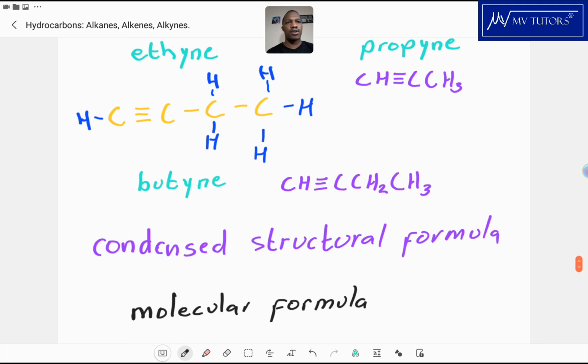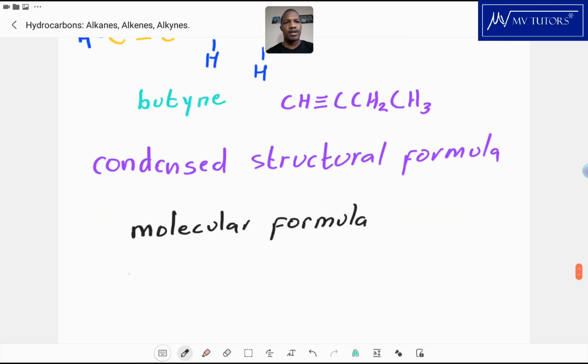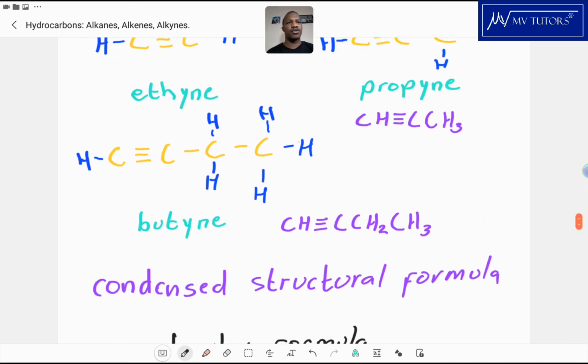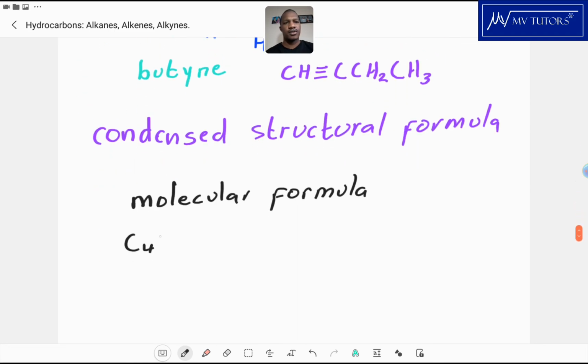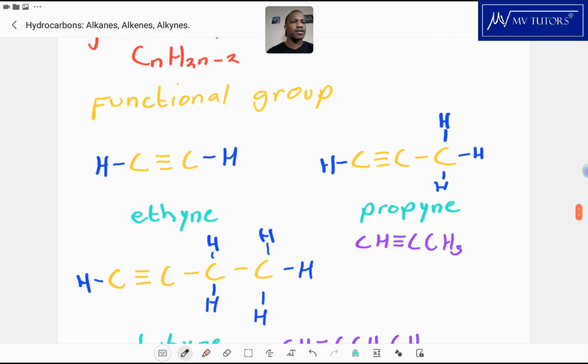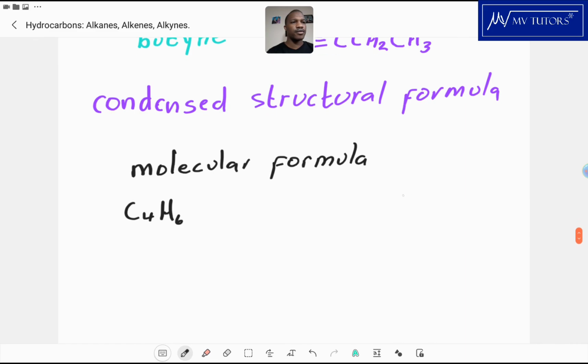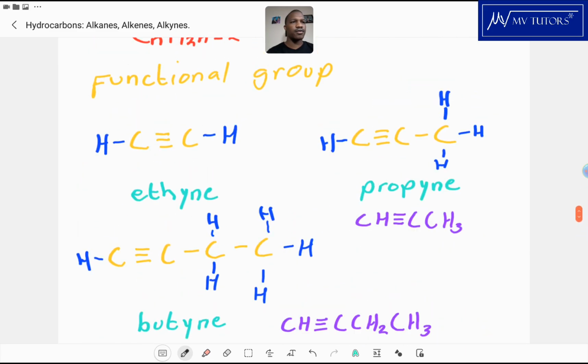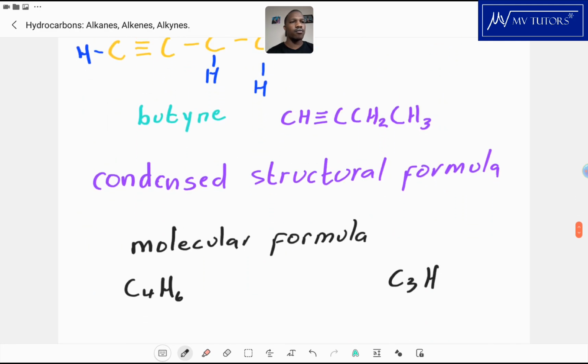So you count the number of C's, 1, 2, 3, 4 C's, butyne. Then you count the number of H's, 1, 2, 3, 4, 5, 6. H6. And then number of C for propyne, you've got 3 of them, so it's C3. And the number of H's, you've got 1, 2, 3, 4.